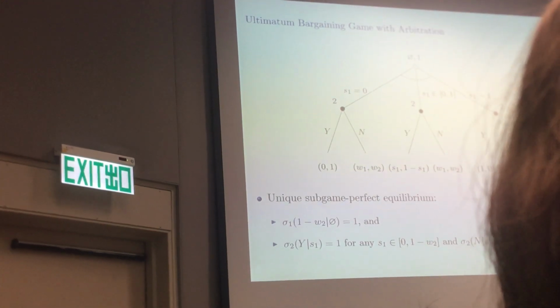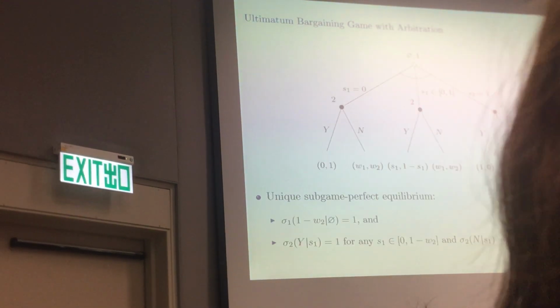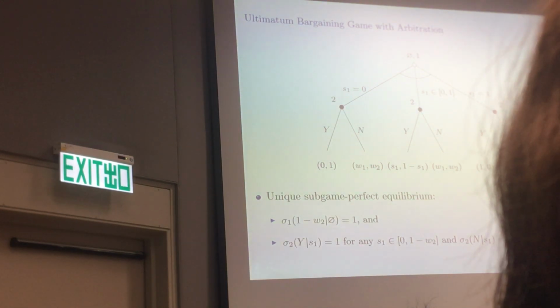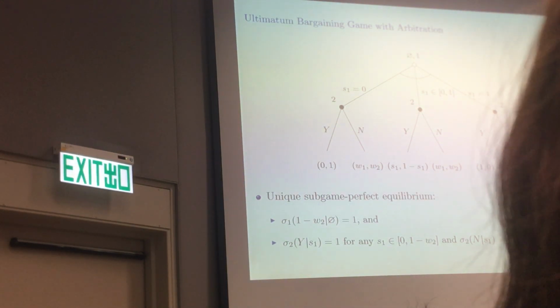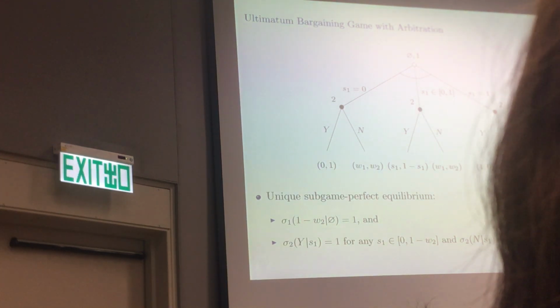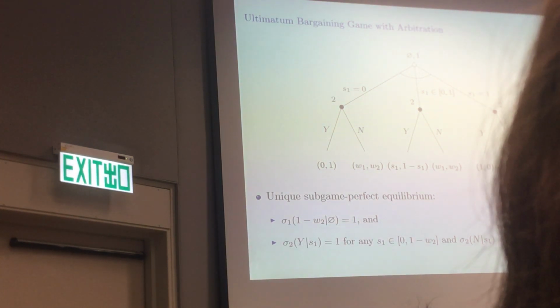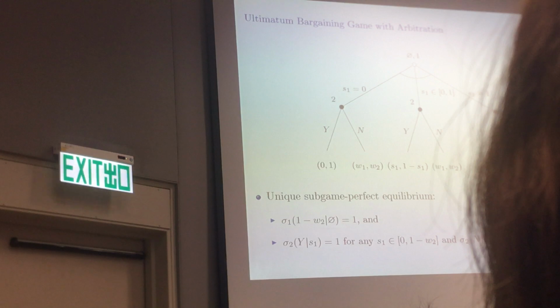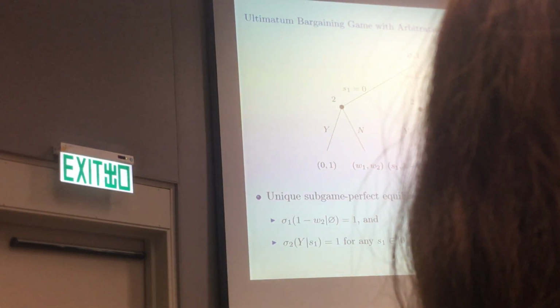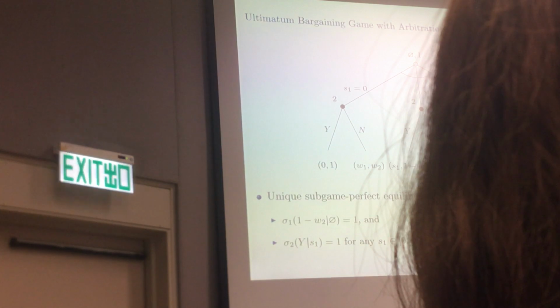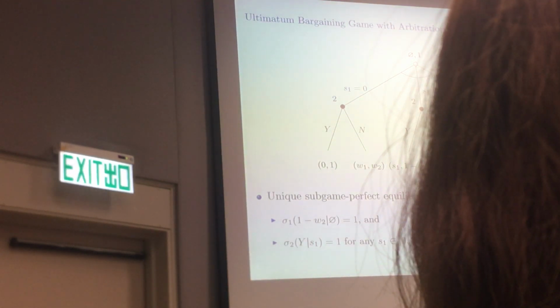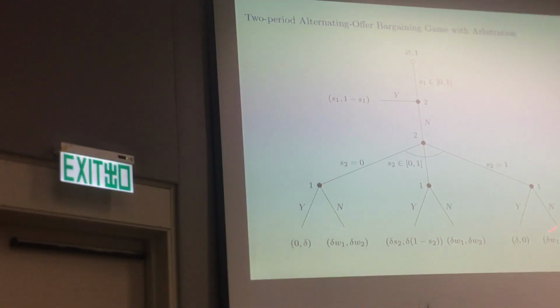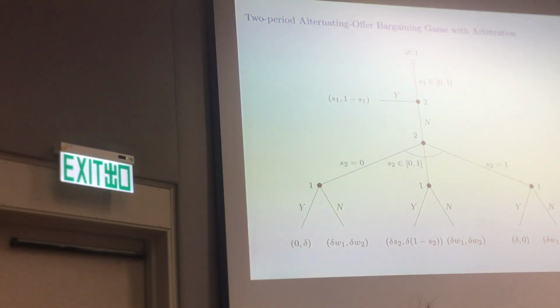Based on our observation in the second game we discussed today, in that subgame the responder will enjoy an amount equal to the outside option, and the proposer will enjoy 1 minus the responder's outside option. That is the only equilibrium outcome if they play the ultimatum bargaining game with arbitration process. And if you look at this subgame here, this is exactly the ultimatum bargaining game with arbitration process.